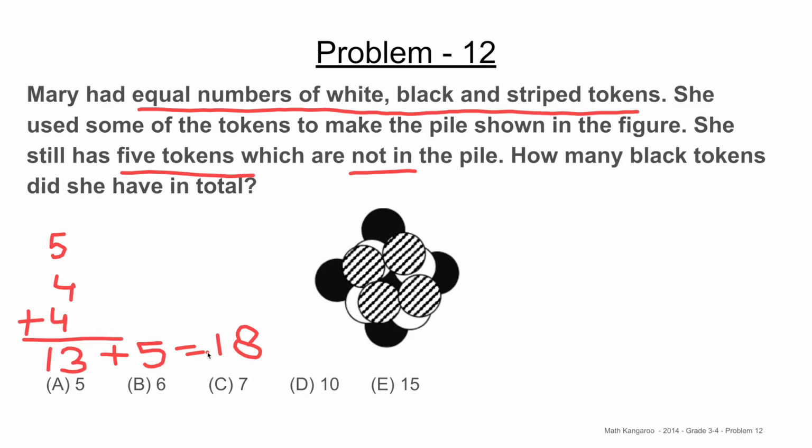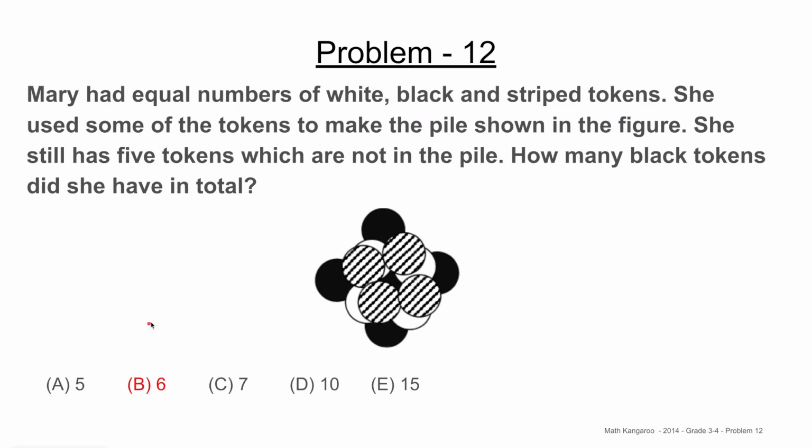Since Mary had an equal number of white, black, and striped tokens, we divide 18 by 3, which gives us 6 tokens of each color. Therefore, Mary had 6 black tokens in total. So our answer is option B.